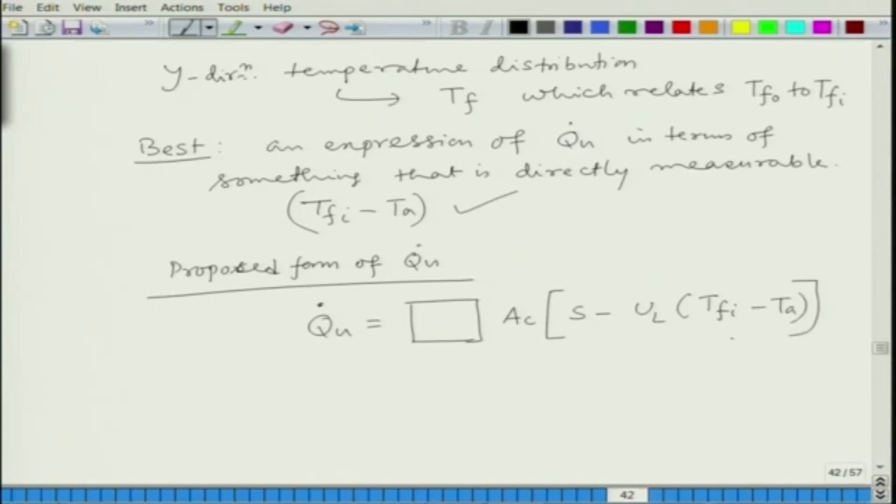This is what we want, but what factor will come here is not known. That is our goal and that is how we will proceed.